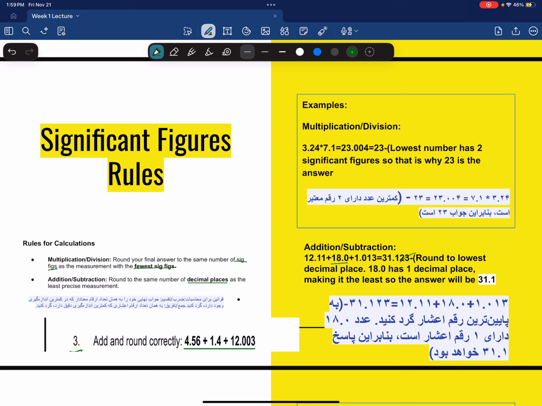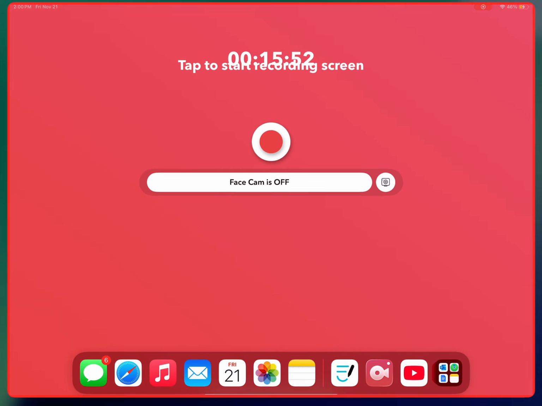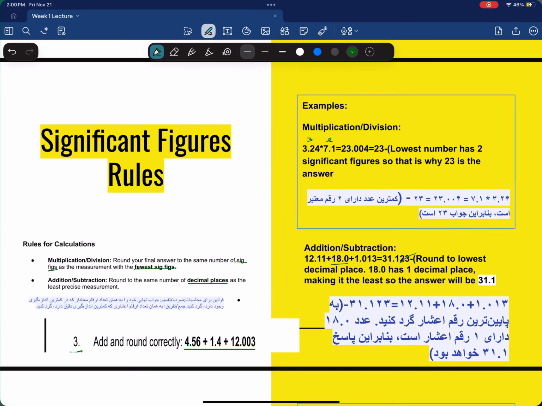So basically what this means is if we have a number like 3.24 and 7.1, we know that 3.24 has three significant figures, and we know that 7.1 is going to be two significant figures from our rules. So we want our final answer to represent the measurement with the fewest sig figs, which is going to be 7.1. So our final answer should only have two significant figures.